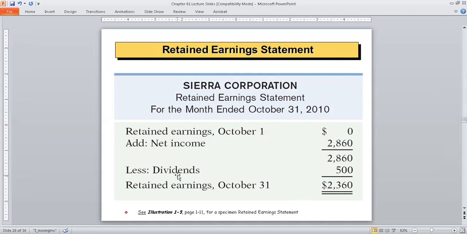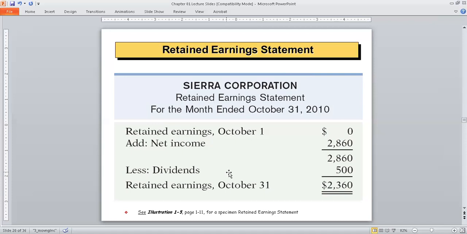Now we're going to finish up Merck here in just a second, but I do want to make sure that you understand that this illustration, retained earnings at the beginning of the period, is 0, but it's only 0 because the Sierra example is an example that Kimmel uses in the text. And the first month in business for Sierra Corporation was the month of October.